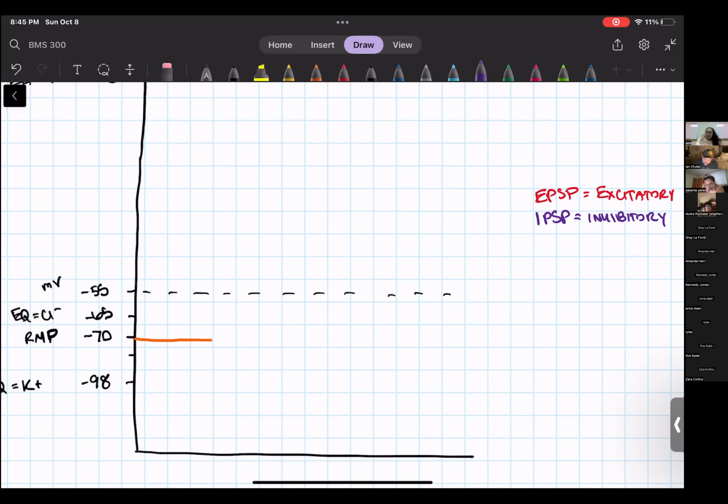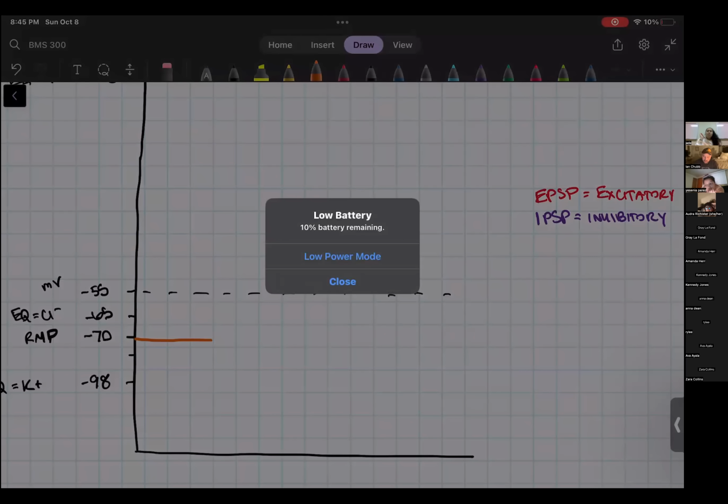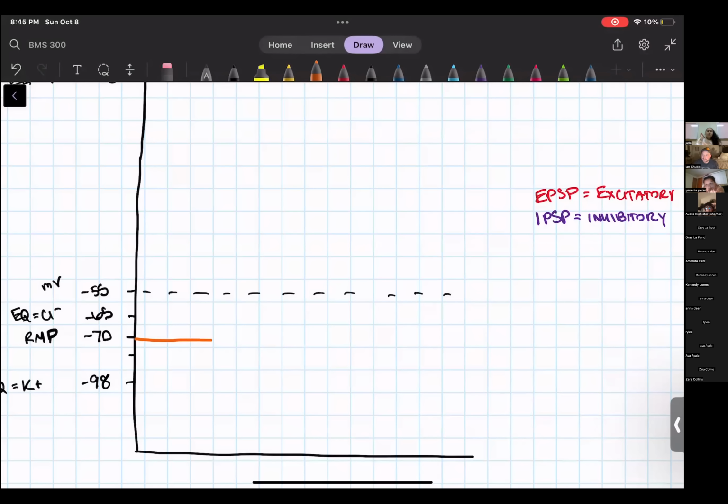So if we're getting summation of EPSPs, so we're getting excitatory, what is the ion that's entering the input region? Would it be sodium? Yes. So sodium. Let's say we just get one little EPSP and we bump up a little bit. This is our graded potential, right? We haven't hit threshold, so we don't have an action potential.